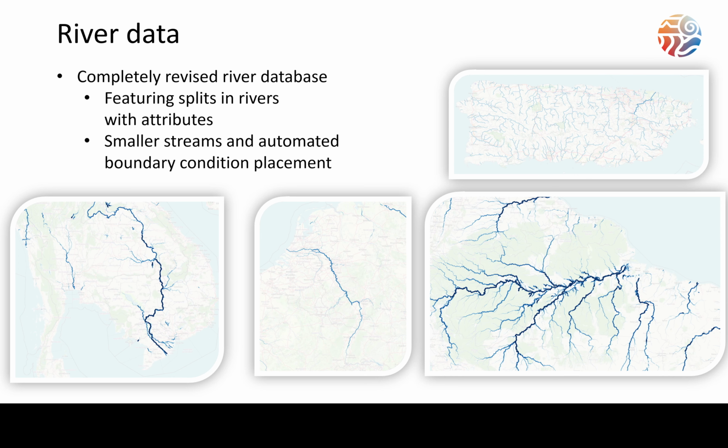And there's a specifically customized global river database featuring splits in rivers with consistent attributes that we utilize to both estimate at a very local level boundary conditions and also deal with detection of incoming flows for any region. And you're looking here at some of the particular zoom-ins of that global data set of rivers.